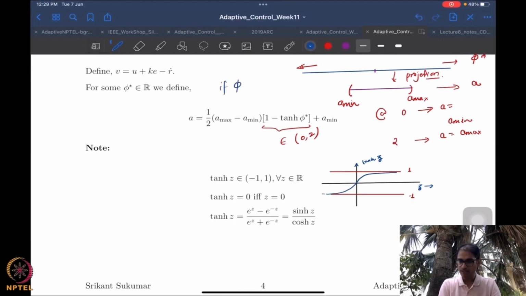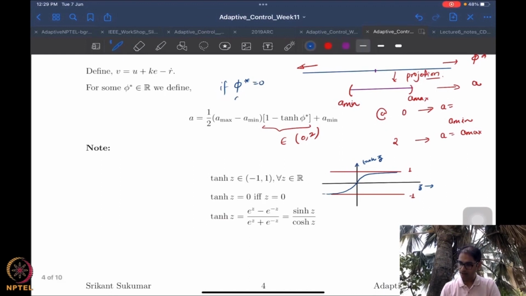If phi star is 0, this is not the ideal value, remember, I'm just doing it for illustration, right? So if phi star is 0, then you will get something like a max minus a min over 2 plus a min.